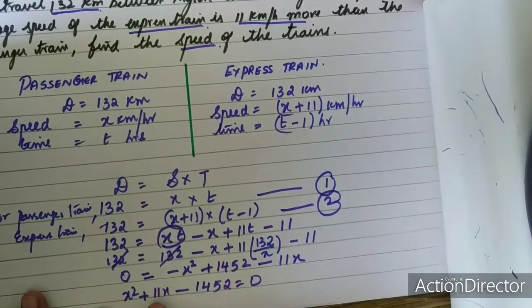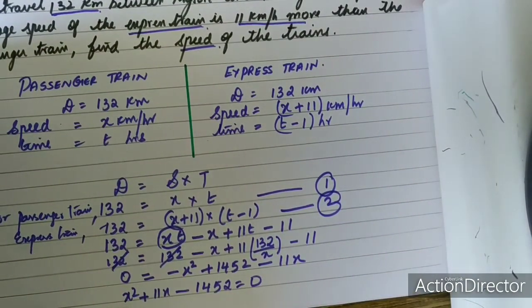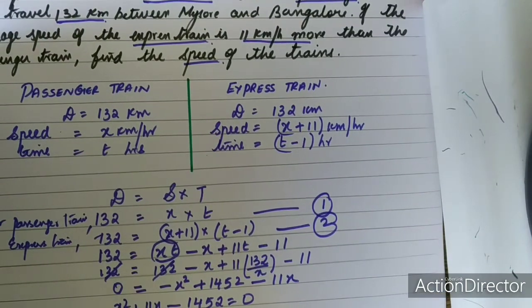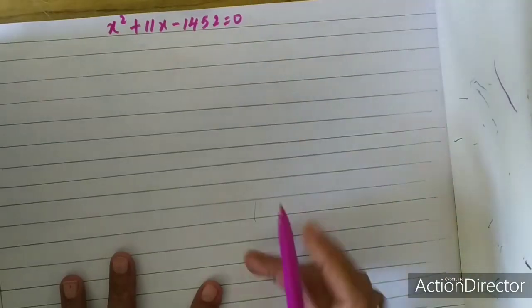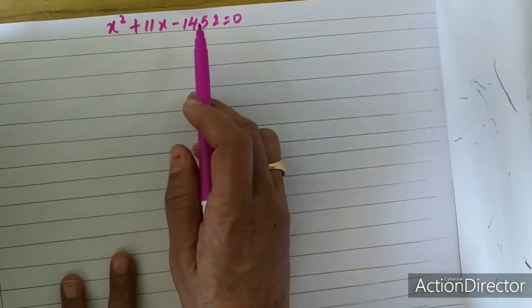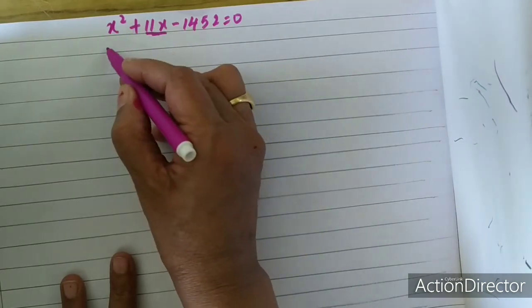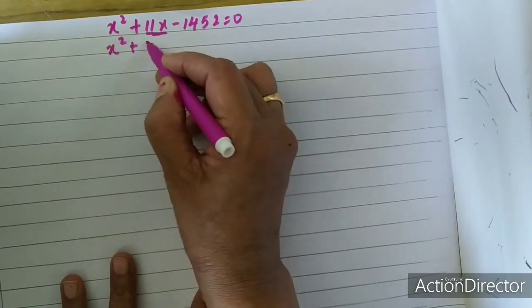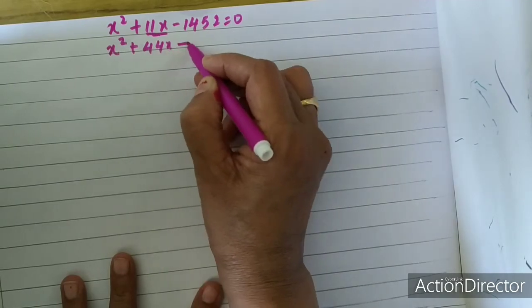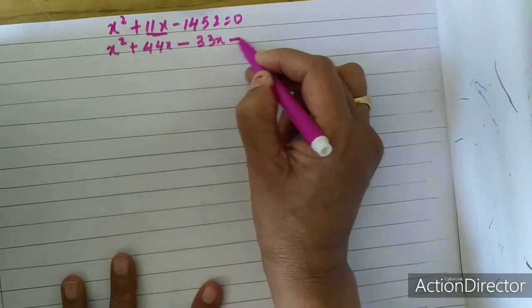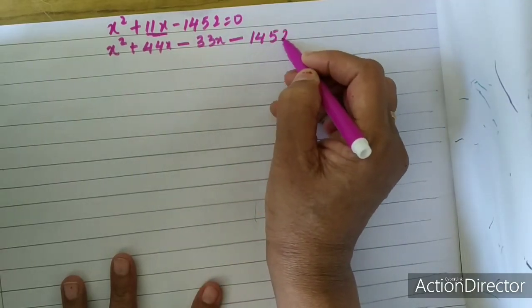Now let us find out the value of x by factorization method. Simplifying this quadratic equation, I can split 11x as x square plus 44x minus 33x minus 1452 equal to 0.